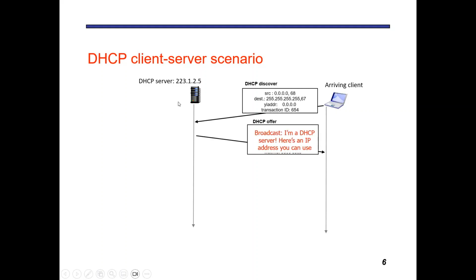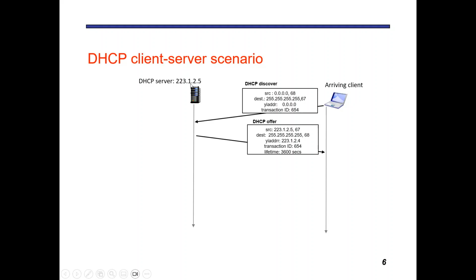In response to this message, the DHCP server will respond back that, okay, I am the DHCP server, and here is an IP address that you can use. We call this DHCP offer. So this is the initial offer where the server will send the address. You can see here your address means that it is offering 223.1.2.4.